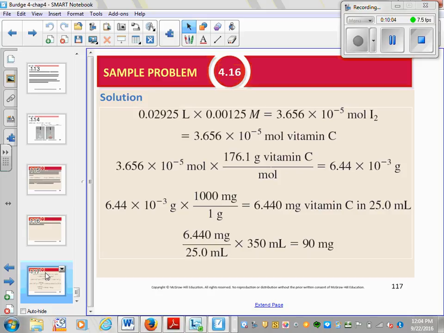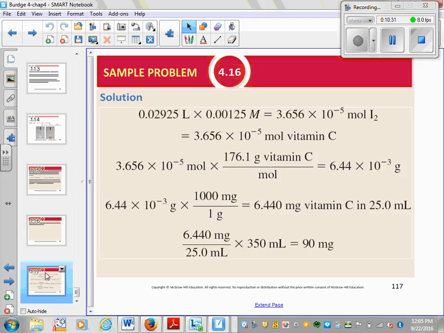Well, if we look at the reaction, what is the relationship between iodine and ascorbic acid? How do they react? What are the coefficients in both cases? So they react 1 to 1.